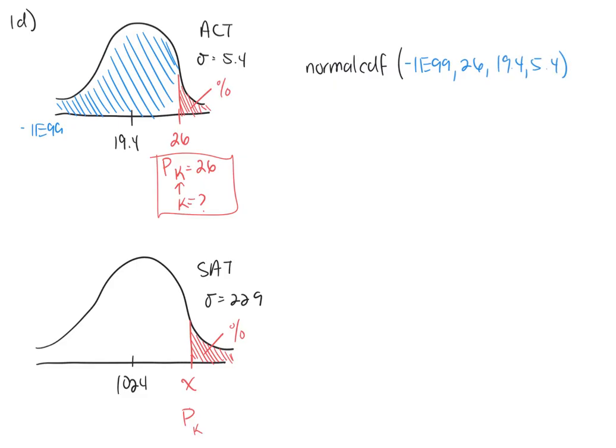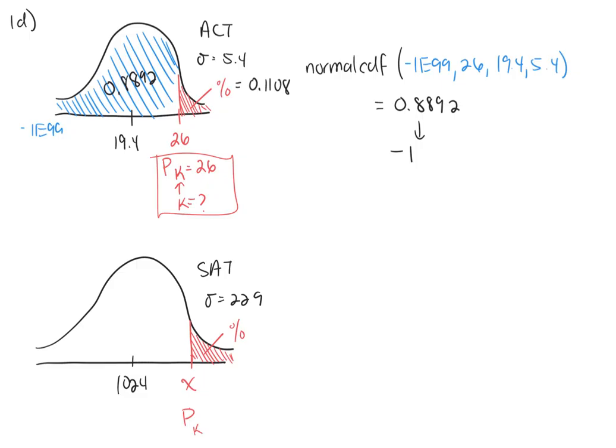When you put that into your calculator and press enter, it gives us an area of 0.8892. So that blue shaded area is 0.8892. If we subtract that from 1, the area to the right, which is in red, is 0.1108.